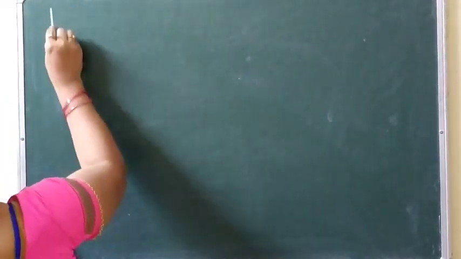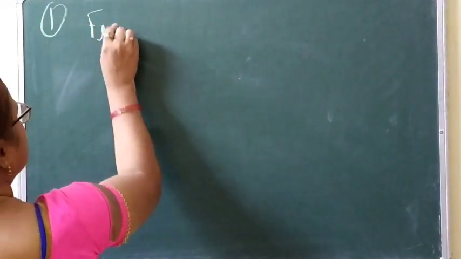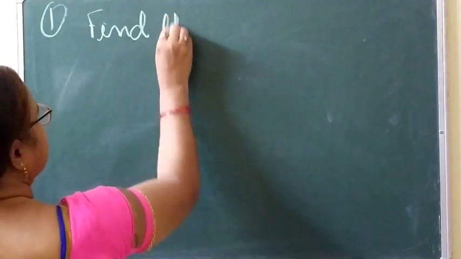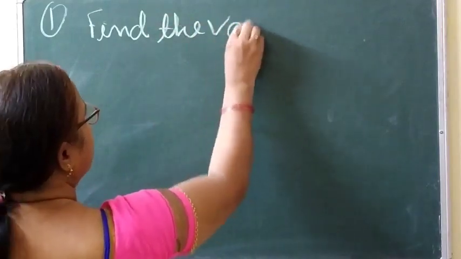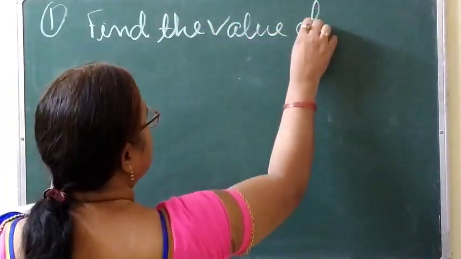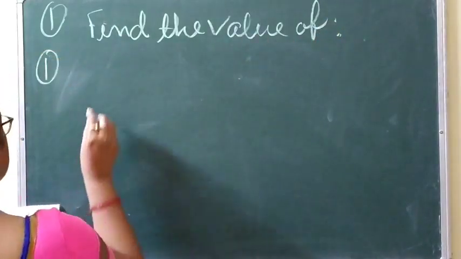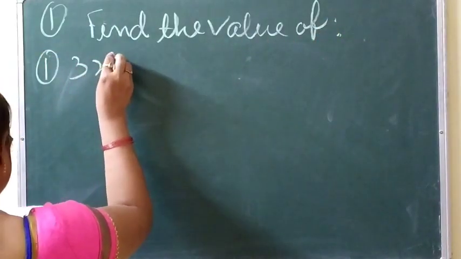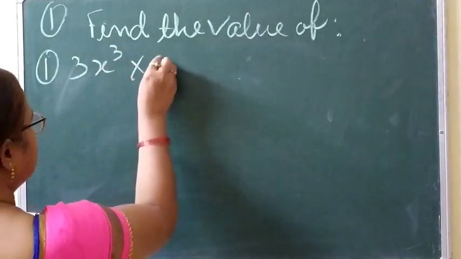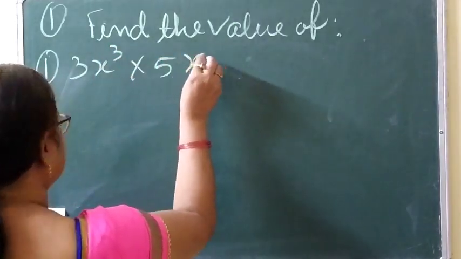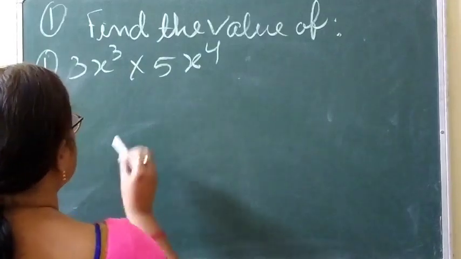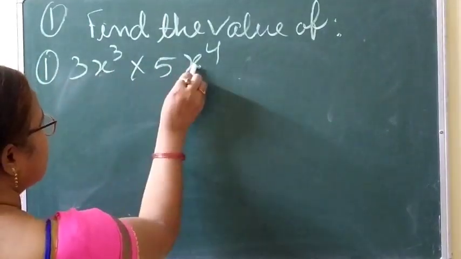Question number 1. Find the value of. First one is 3x to the power 3 into 5x to the power 4. You can see here the variable is the same.